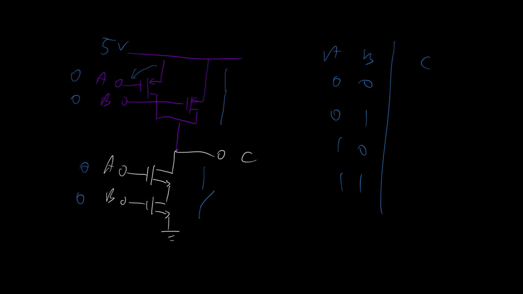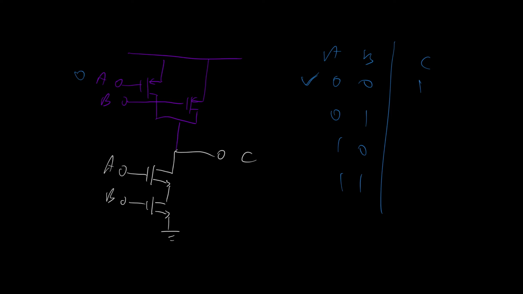So in the case of A and B both being 0, the top switch is closed, the bottom switch is open. We don't have a short circuit, we don't have an open circuit, so it's functioning correctly, and we know that the output C is going to be a logic 1. It's pulled up to 5 volts.